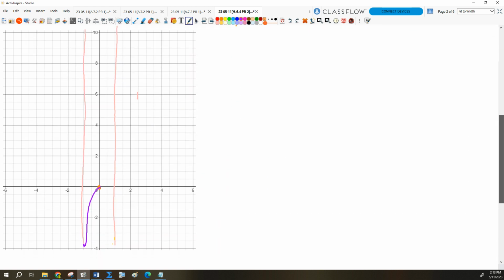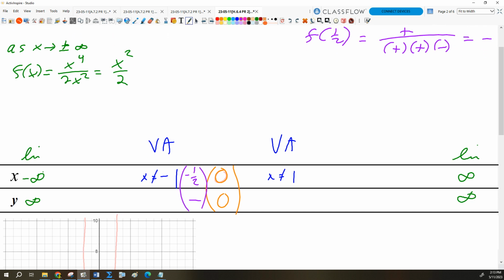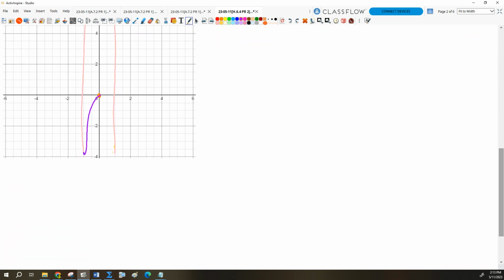So I get negative again if I plug in a test point at 1/2. Okay, so I've figured out what it does in the middle. It's doing that. Now I've got to go to the sides and figure out what's going on.